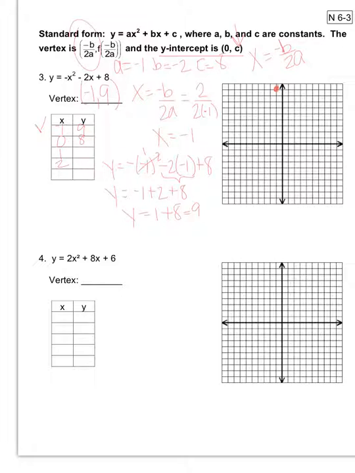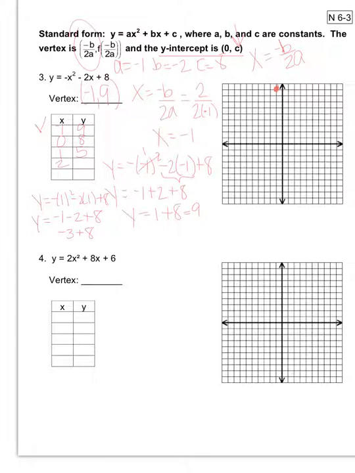Now we'll plug in a 1. So that's going to be negative 1 because we square 1 and we get 1, but there's a negative in front. Then negative 2 plus 8. So that would be a negative 3 plus 8, which would give you 5.